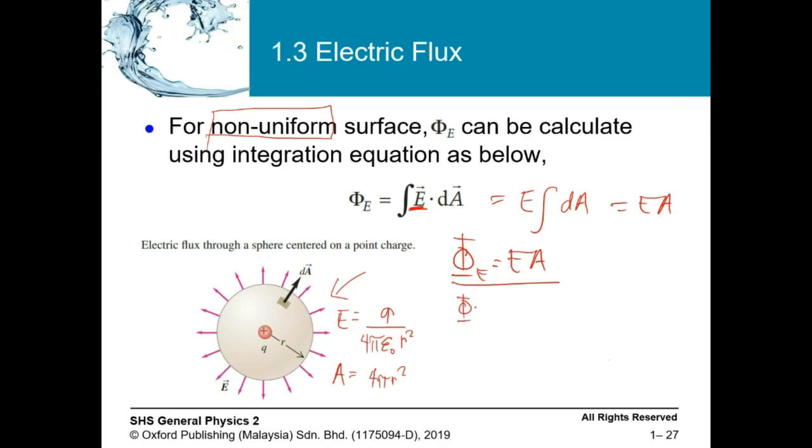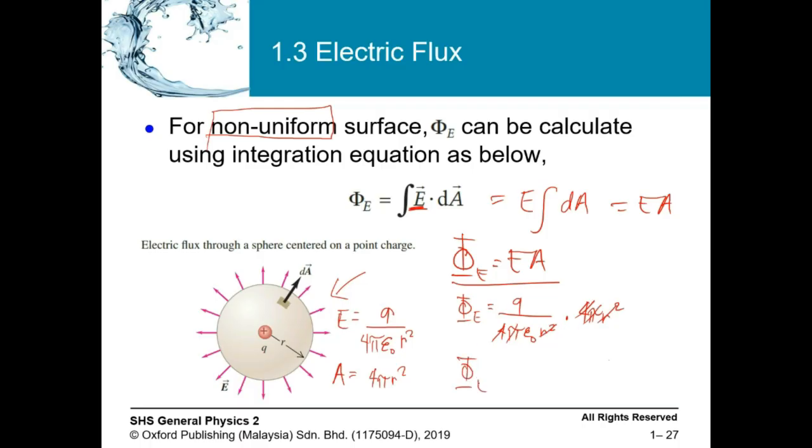So, phi is equal to Q over 4 pi permittivity r squared times 4 pi r squared. We can cancel 4, we can cancel pi, we can cancel r squared. What's left?